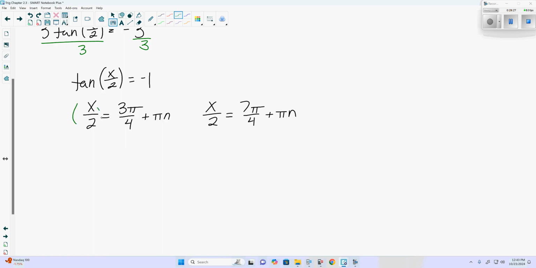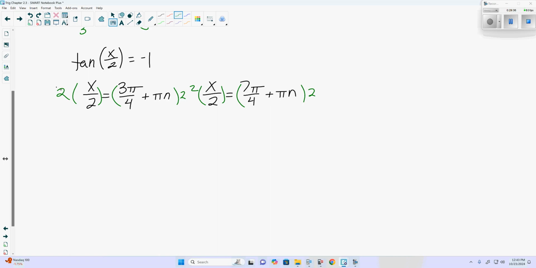multiplying everything by 2. Because our x over 2 times 2 will give us x. 3 pi over 4 times 2 would give us 6 pi over 4, which is the same as 3 pi over 2.